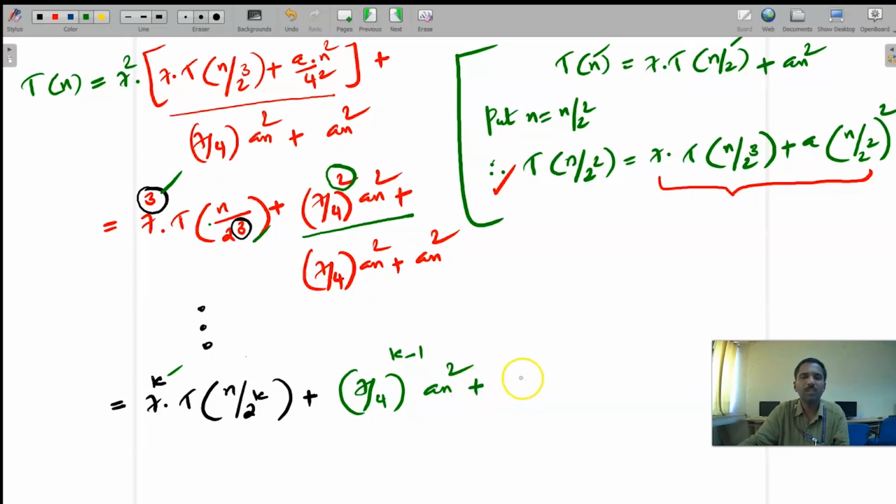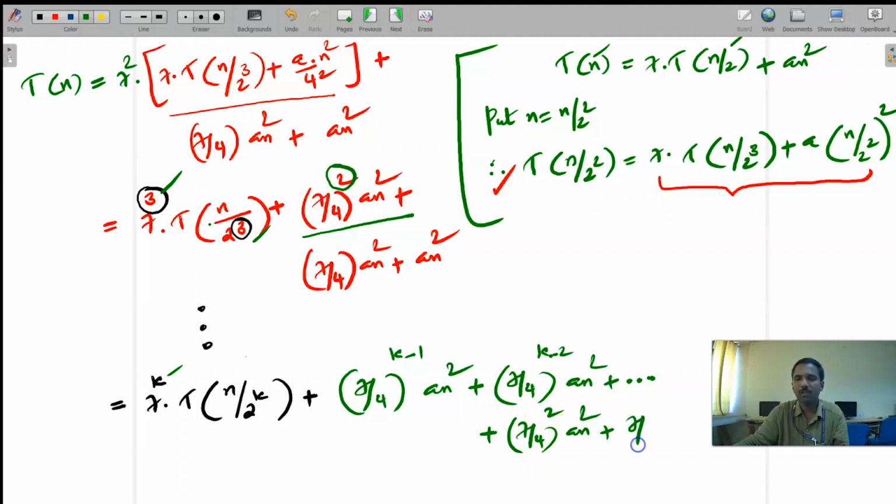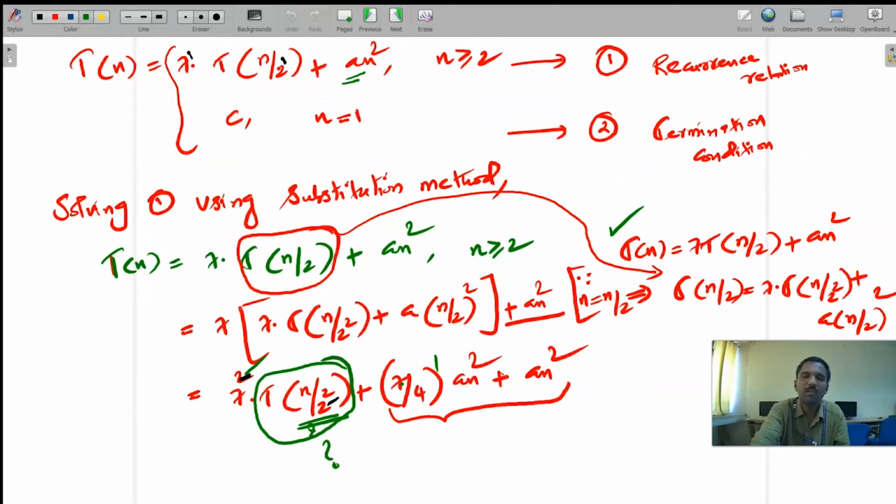Then the next term becomes 7 by 4 whole power k minus 2 into a n square plus etc. plus the last 3 terms are 7 by 4 whole square into a n square plus 7 by 4 into a n square plus a n square. This is a generalization, inferred by extending the recurrence relations.